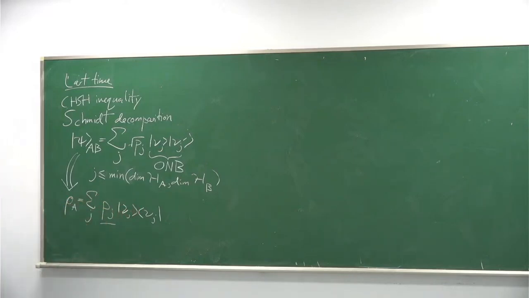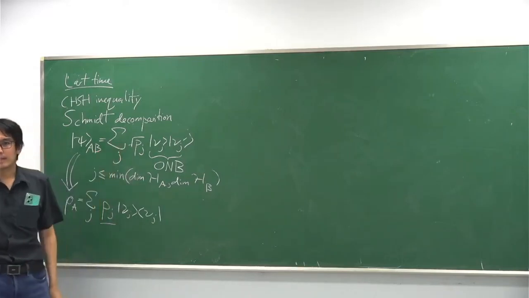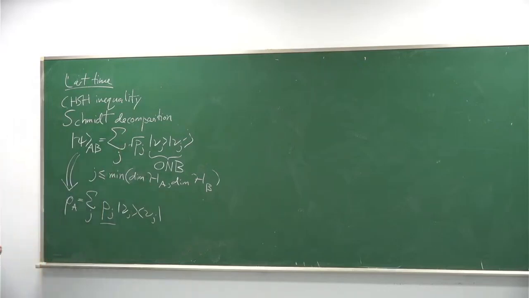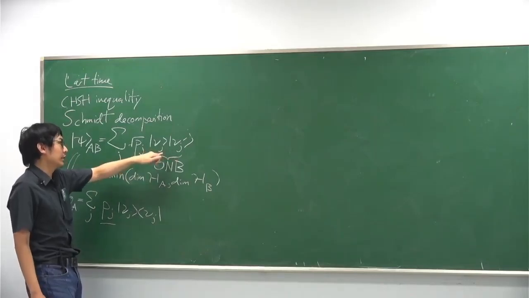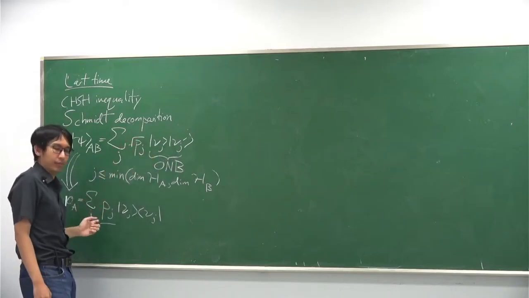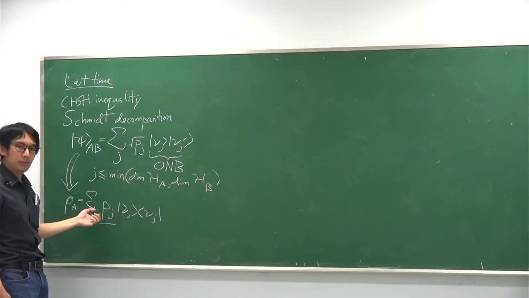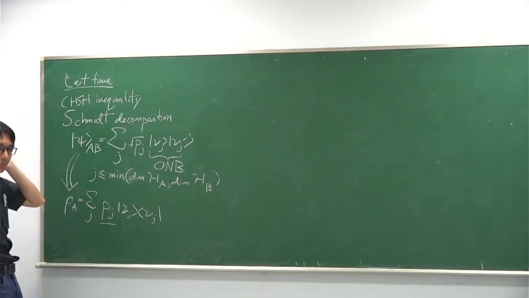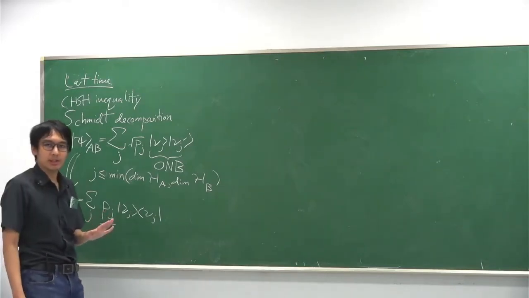And so from here you can see that entanglement cannot be used for instant or faster than light communication, precisely because any unitary operator that I apply on system B doesn't affect the reduced density matrix of A in any way. The spectrum will still be the same, the probabilities will still be the same. And we will come back to this maybe a couple of lectures later.